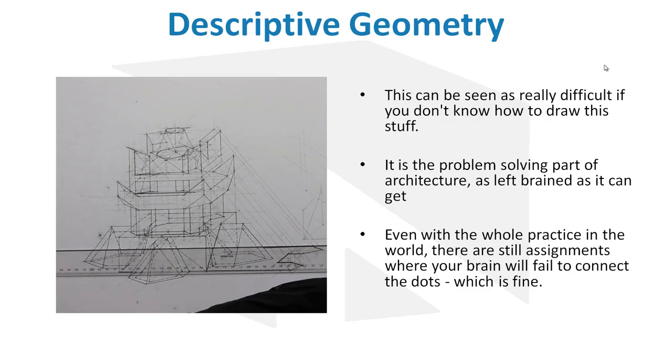You need to figure out how to draw certain things that don't make sense. And again, with all the practice you could get in descriptive geometry, there's always going to be stuff that just doesn't make sense, and stuff that you can't see in 3D yet, right? Until you make the upgrade in your mind.